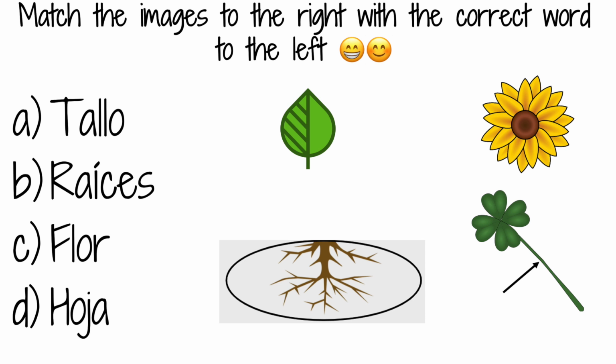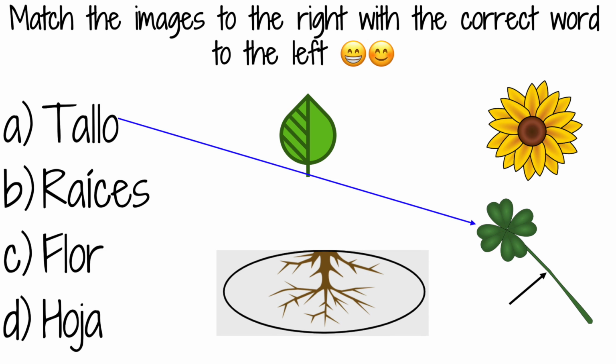Tallo. If you want to repeat that, tallo. Where is our tallo in this illustration? Excelente. If you guessed the stem, then you are correct. Awesome. Now let's move to B. We've got raíces. Okay?